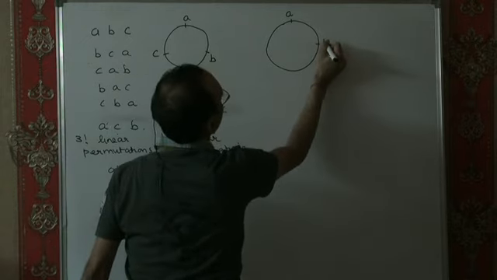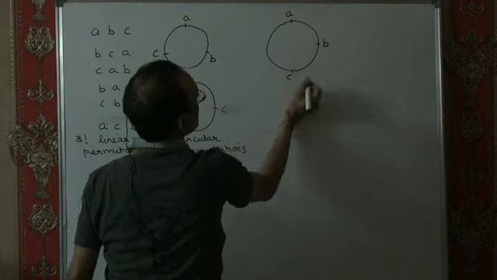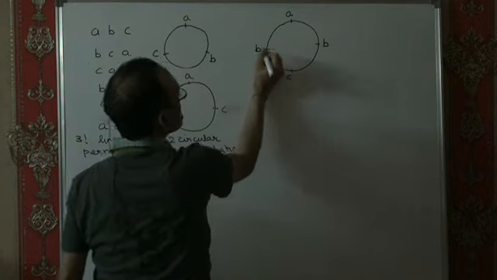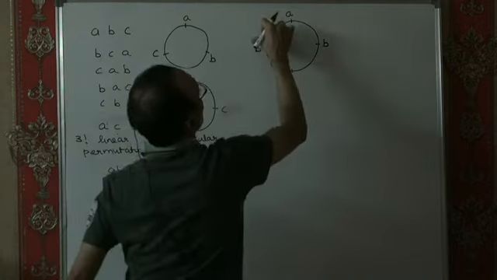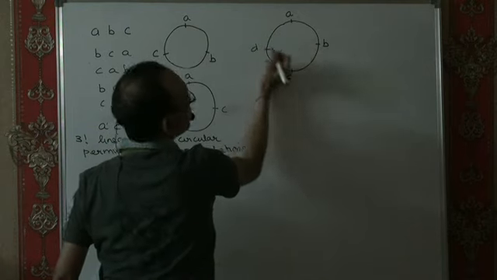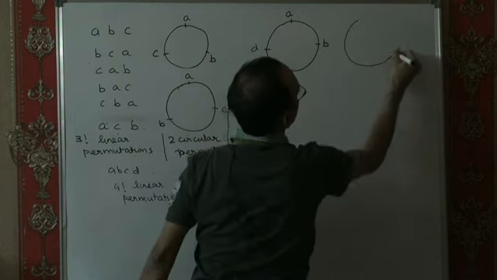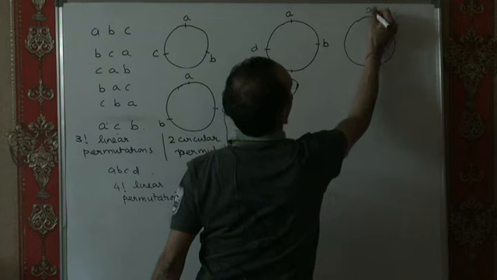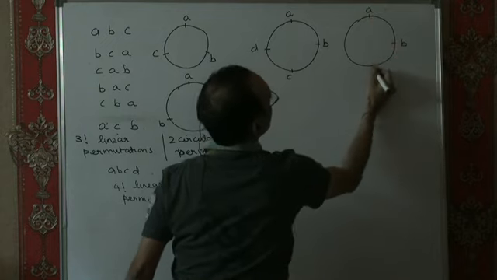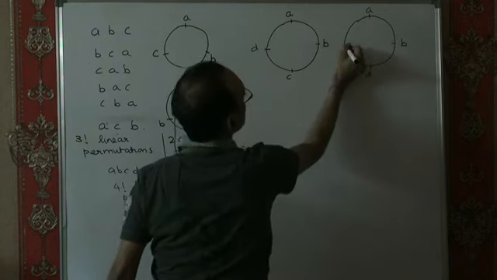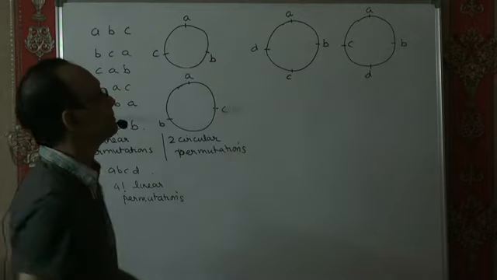So I could have done this. There could have been a B, a C, a D like this. There could have been, say this is A, a B, a D, a C like this.